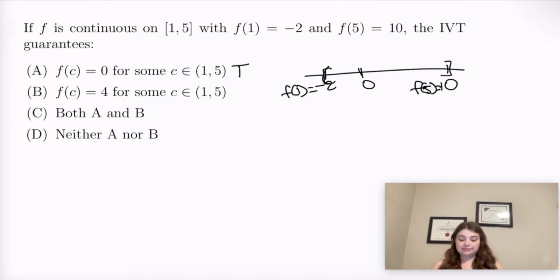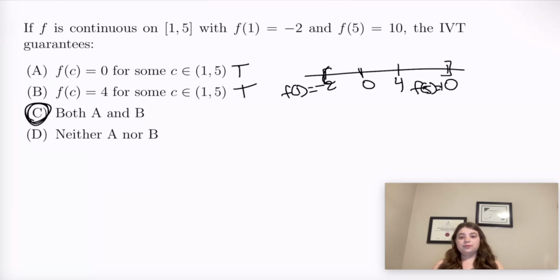And so yes. B says that f of c must be 4 for some value between 1 and 5. And yes, that's also true because again, 4 is also between -2 and 10. It's also somewhere there. And so my answer for this one is going to be C, sorry, that both A and B are indeed correct because we checked those numbers, we checked that they were between the bounds we needed them to be, and they both were.